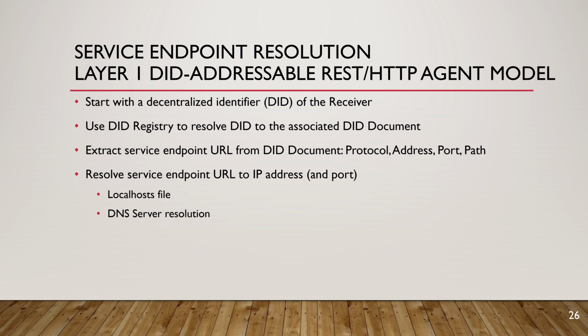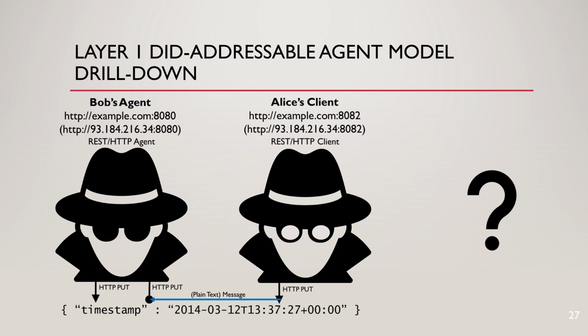So what layer 1 is really doing is just adding those first 3 steps: resolving, translating, or looking up that DID, that decentralized identifier, and mapping it to a service endpoint of the agent. So at this point, we're getting pretty close to enabling Alice's client to talk to Bob's agent.